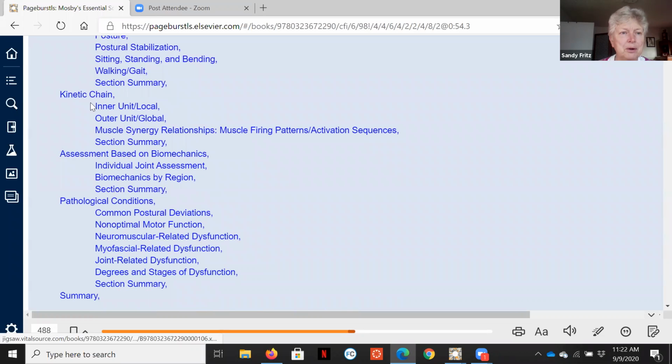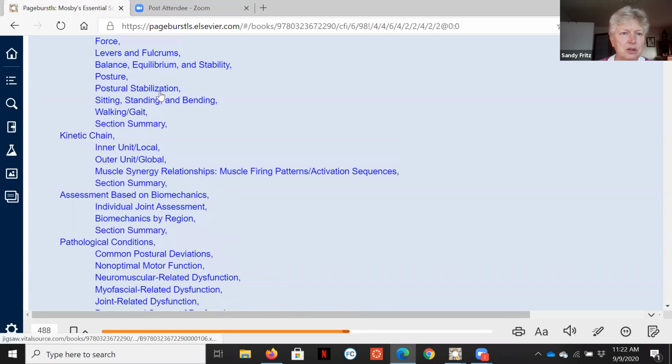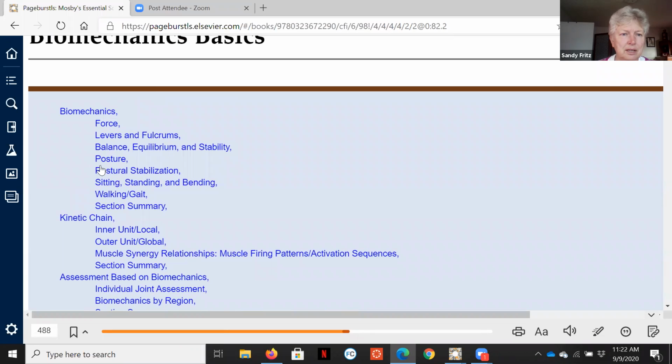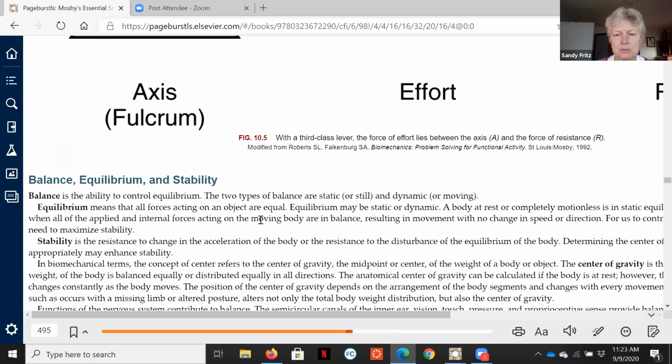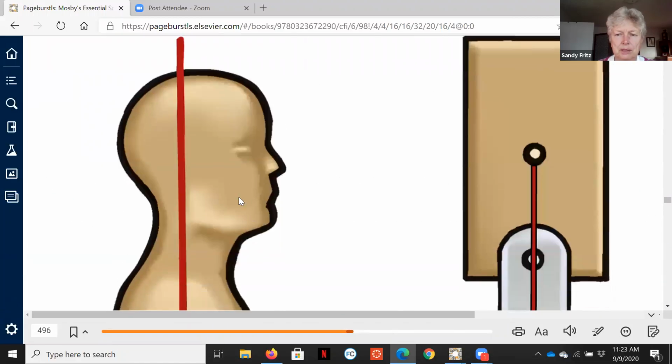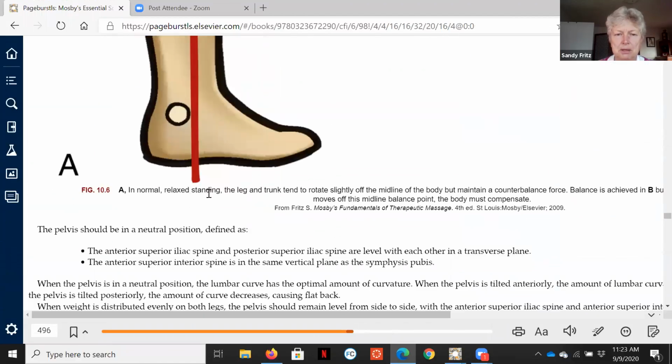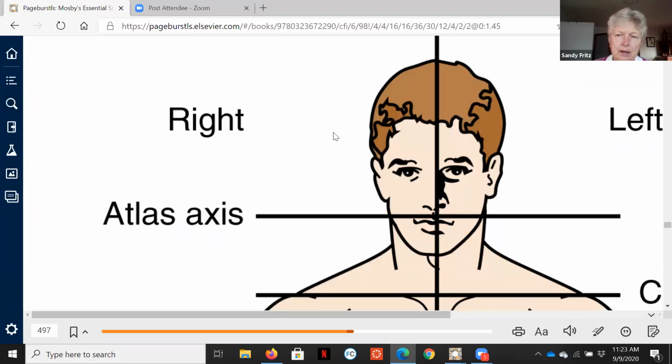So we were here, just starting to look at postural stabilization. So let's go back to that. Okay, that's what you do when you hit something that made you go someplace. Okay, here we are.